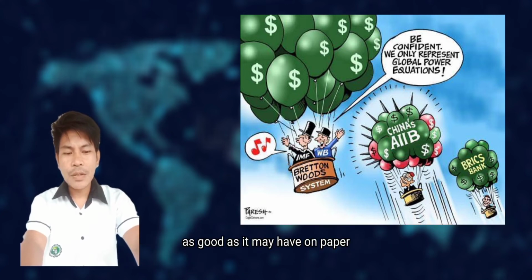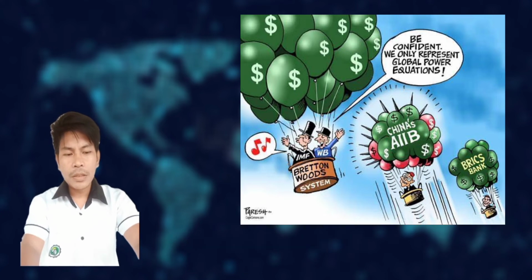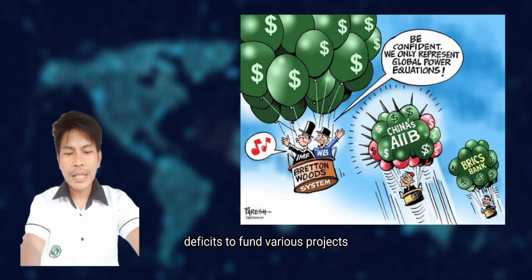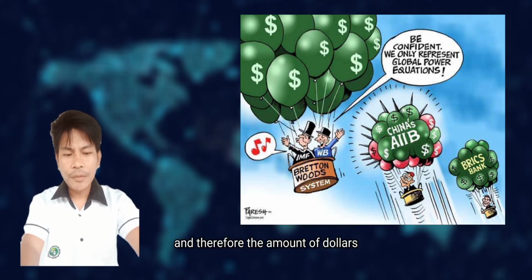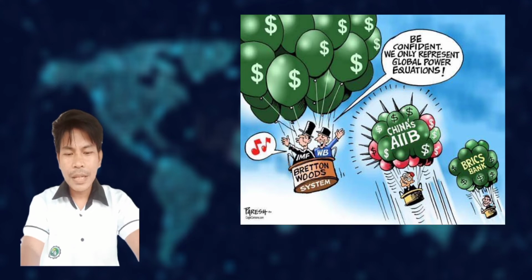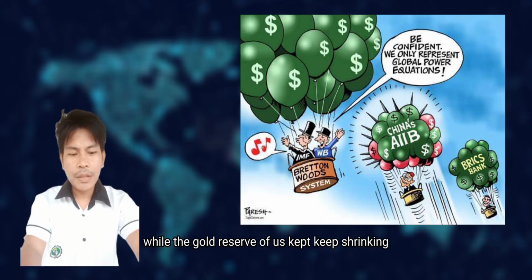Unfortunately, as good as it may have been on paper, the Bretton Woods system didn't survive because the United States kept running deficits to fund various projects, and therefore the amount of dollars in existence kept increasing while the gold reserve of the US kept shrinking.